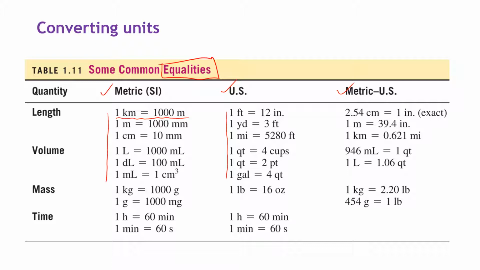There isn't really a rhyme or reason between 1 foot equaling 12 inches and 1 yard equaling 3 feet. Nonetheless, we're living in the US, so we need to understand it, and we need to know how to convert between something like, well, let's say kilometers and miles. So we'll be working with all of these, but our focus is going to be primarily on the metric system.